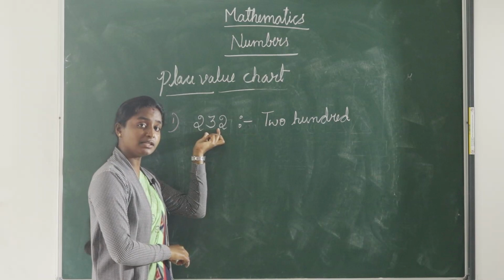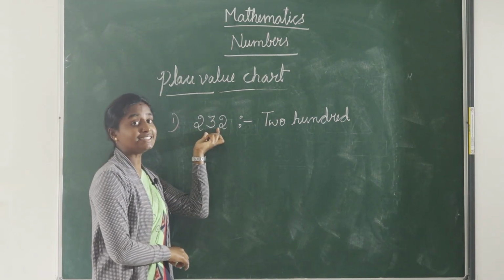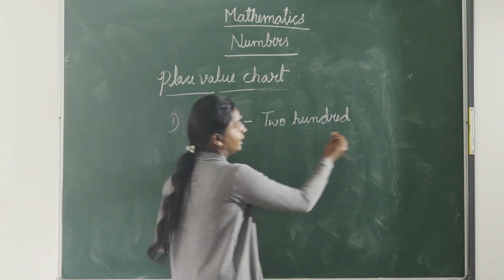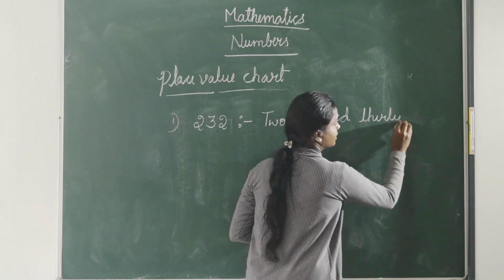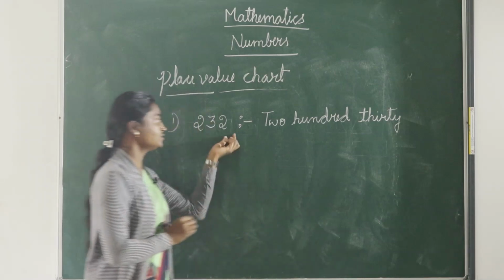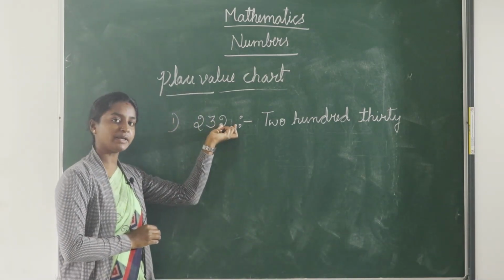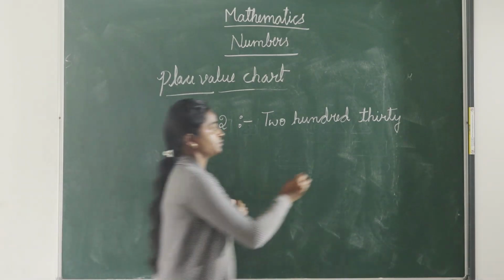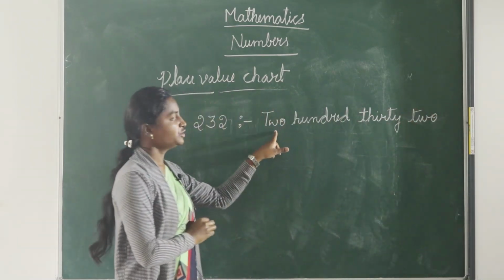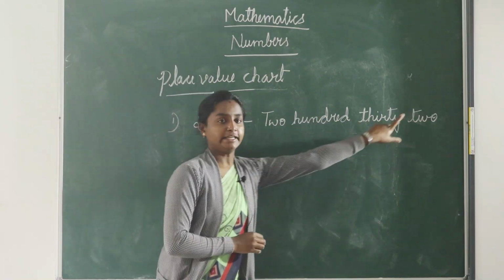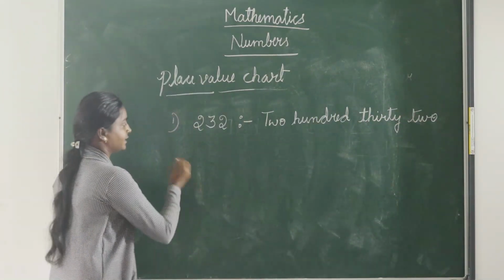If 3 comes in tens place, how to pronounce? That is 30. 230. So where does 2 stand? Standing in ones place. So how to pronounce? 2. So here 232.